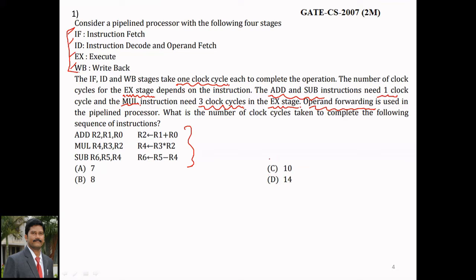After getting the answer, whatever it may be, check your answer by running the video, right? So that you will get the full concept. So let us solve this problem.